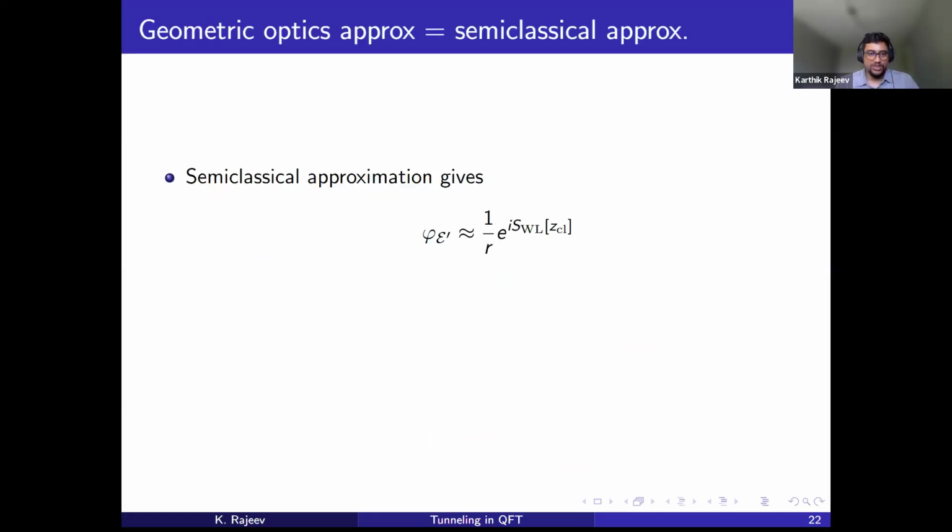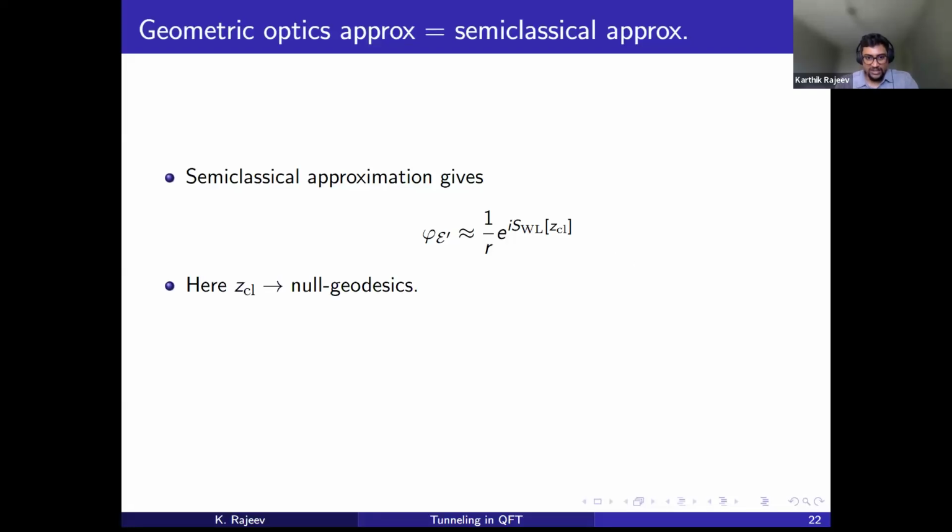Okay, so let's now do the geometrical optics approximation in this particular path integral. There you get the semi-classical approximation as 1 by R being equal to exponential of the worldline action. Now this worldline action is not some hand-wavy argument, but you're going to evaluate it as literally the worldline action of a massless particle in this space-time.